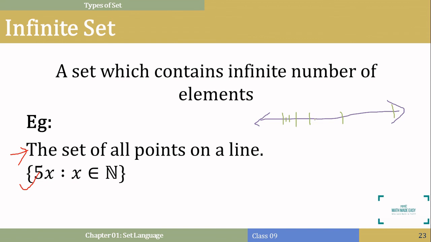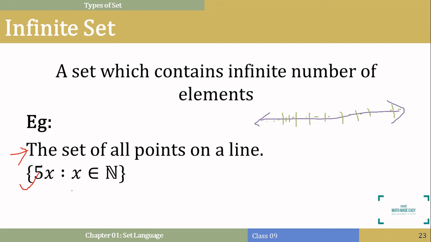We can mark a point again between the end 2 points, and again in the middle between these 2 points. So you can draw any number of points on just a line. So the set of all points on a line is an infinite set.